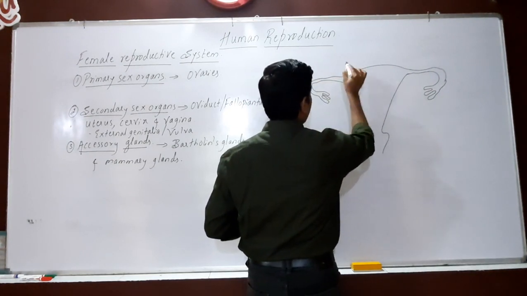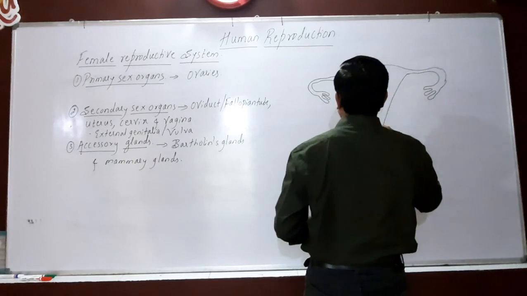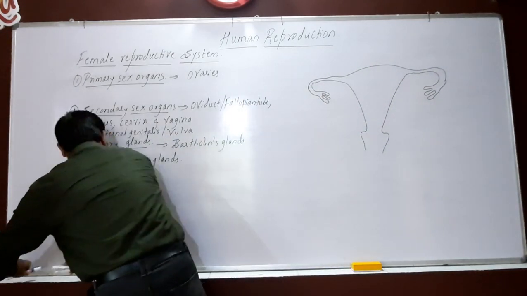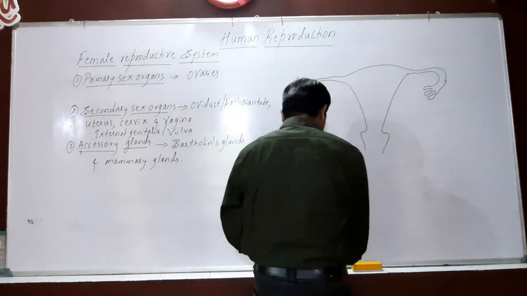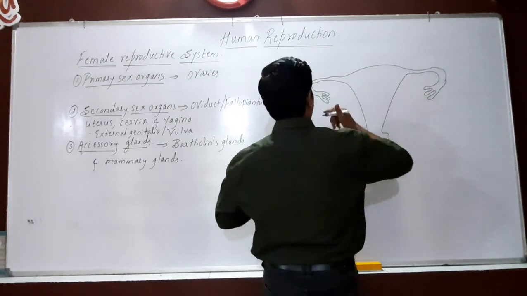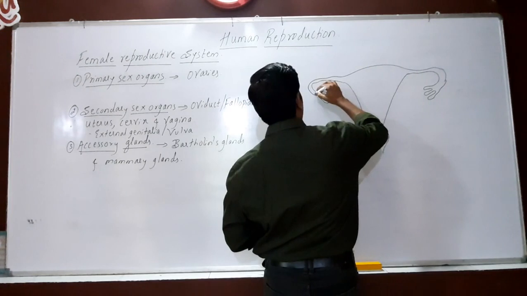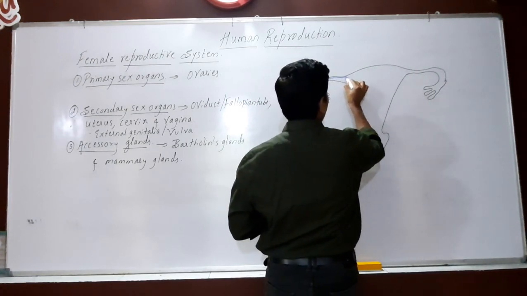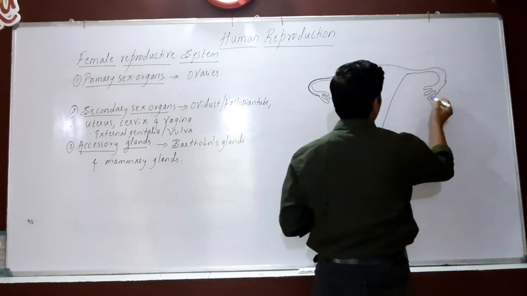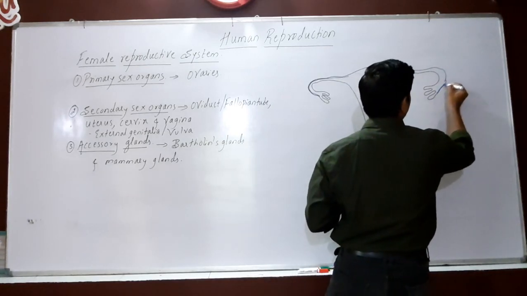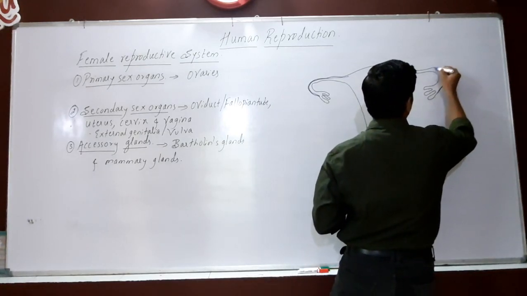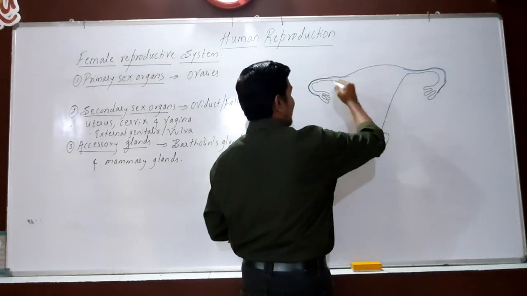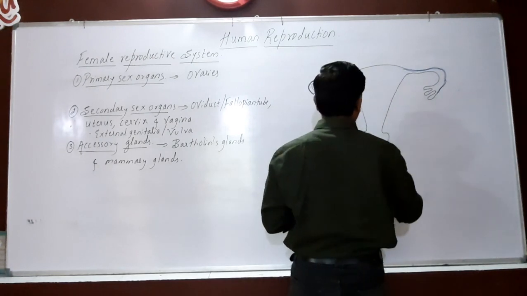So here we observe a tube-like structure. Now this female reproductive system consists of a long arm-like structure, which we call a fallopian tube also.